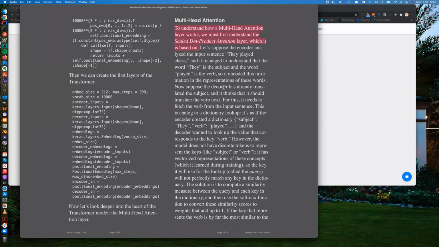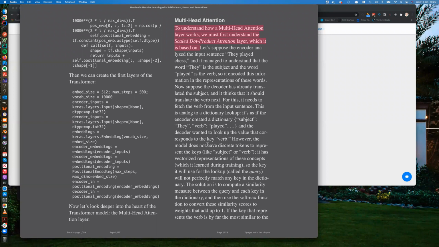Now, suppose the decoder has already translated the subject and it thinks that it should translate the verb next. For this, it needs to fetch the verb from the input sentence. This is analogous to a dictionary lookup. It's as if the encoder created a dictionary: subject is "they," verb is "played." And the decoder wanted to look up the value that corresponds to the key verb.